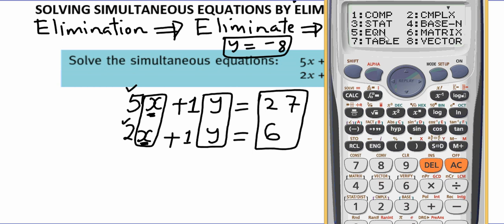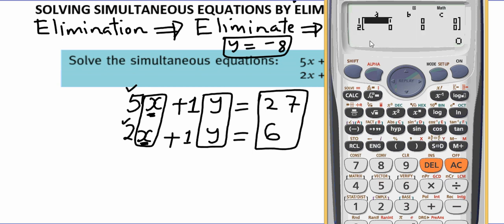EQN stands for equation. So I press button 5, and then this option of equation is giving me 1, 2, 3, 4 options. I choose option 1, which is there for simultaneous equations, by pressing button number 1. So you are good to go.